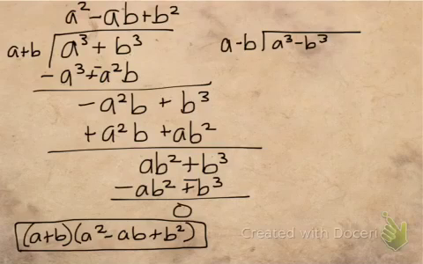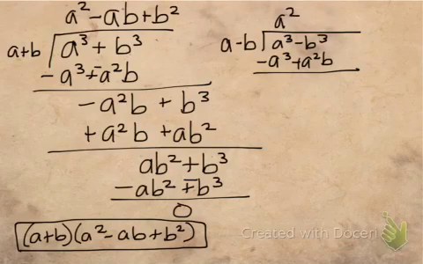Now we can do the same thing for a minus b in a cubed minus b cubed. So a goes into a cubed a squared times, a squared times a is a cubed, negative b times a squared is minus a squared b. Subtract, so we change the sign, so we get a squared b minus b cubed.